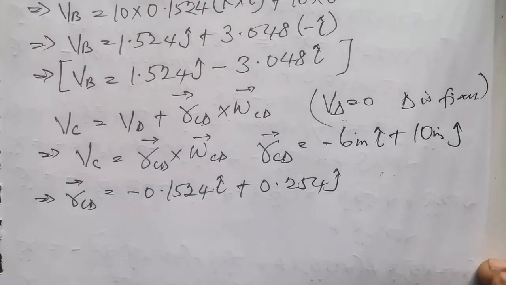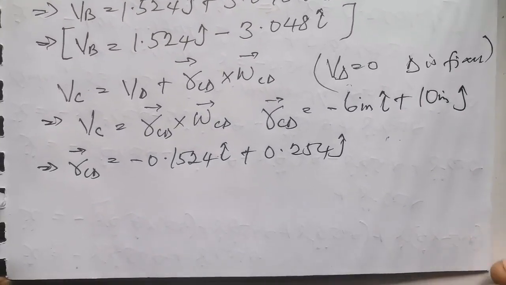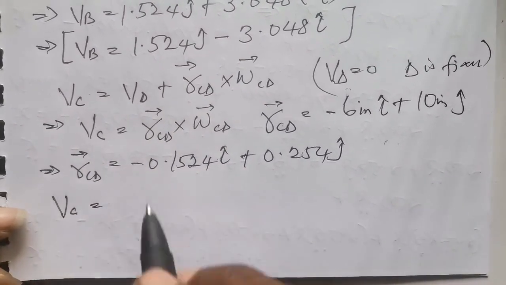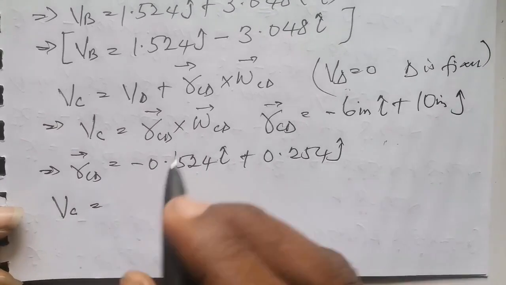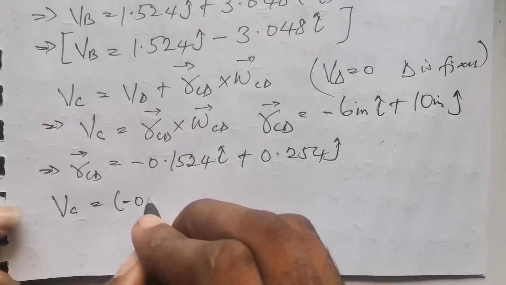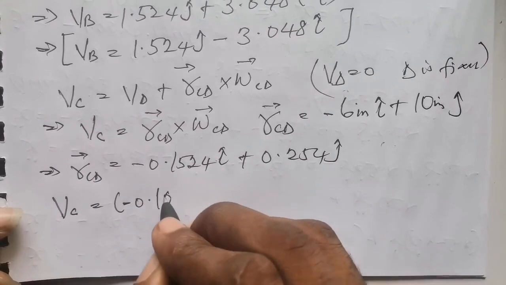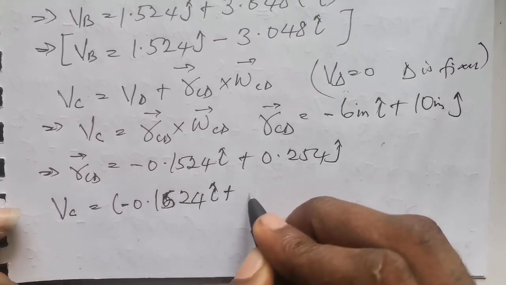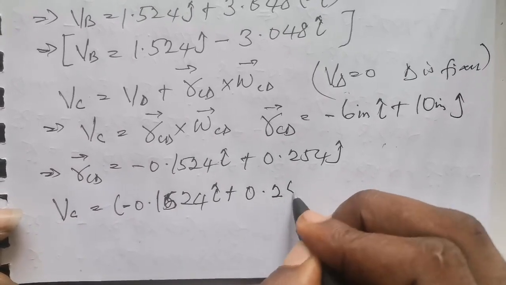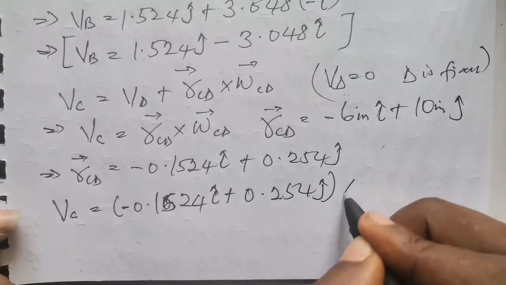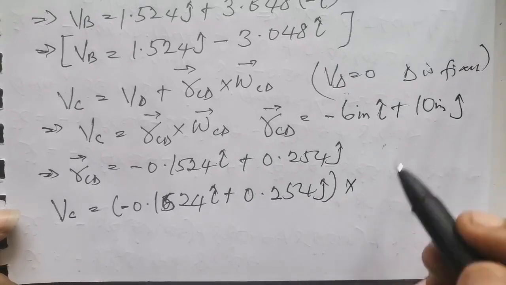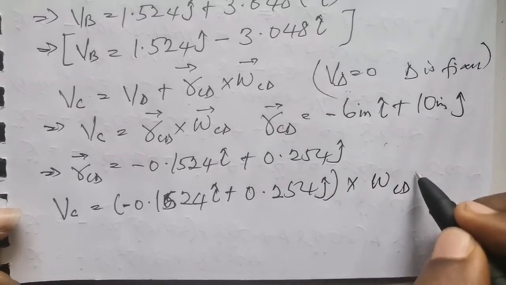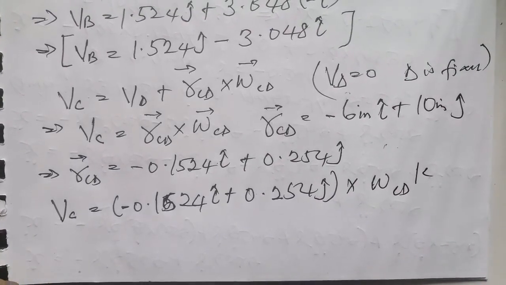So having known this, you can find the velocity at point C to be equal to, remember, the position vector, which is minus 0.1524 in the I direction plus 0.254 in the J direction, crossing the angular speed, which is omega CD. Now this is going to be in the K direction.